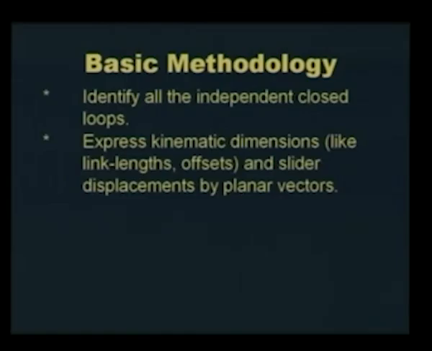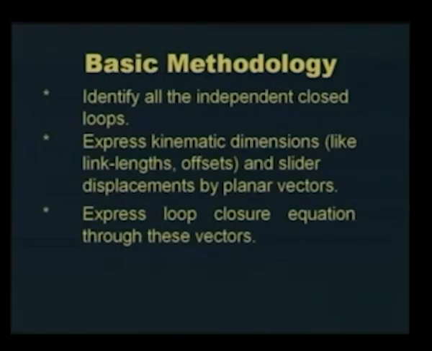Next, we express all the kinematic dimensions like link lengths, offsets, and also the slider displacement by planar vectors. Then the third step is to express for every closed loop what we call a loop closure equation in terms of these vectors that we have just now said.